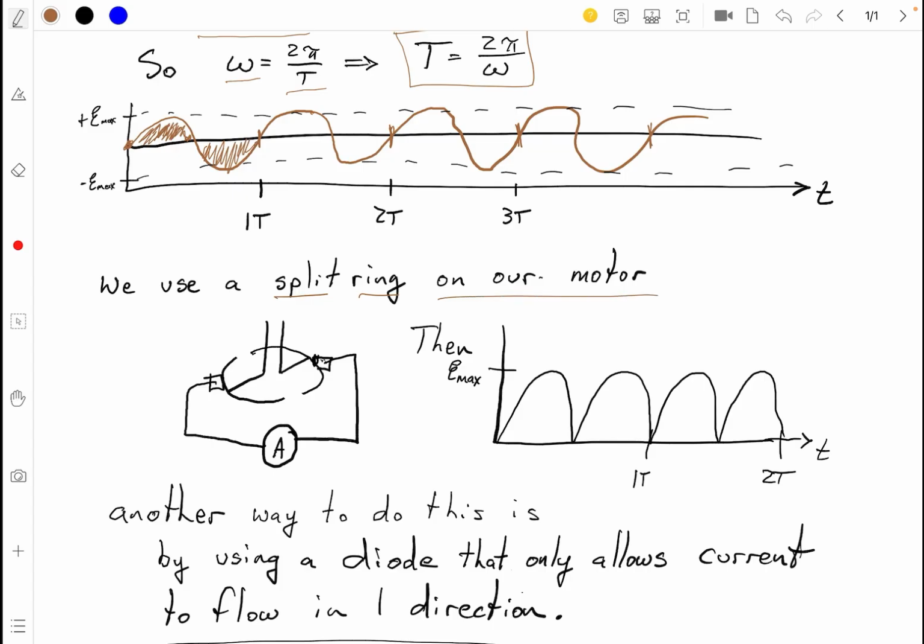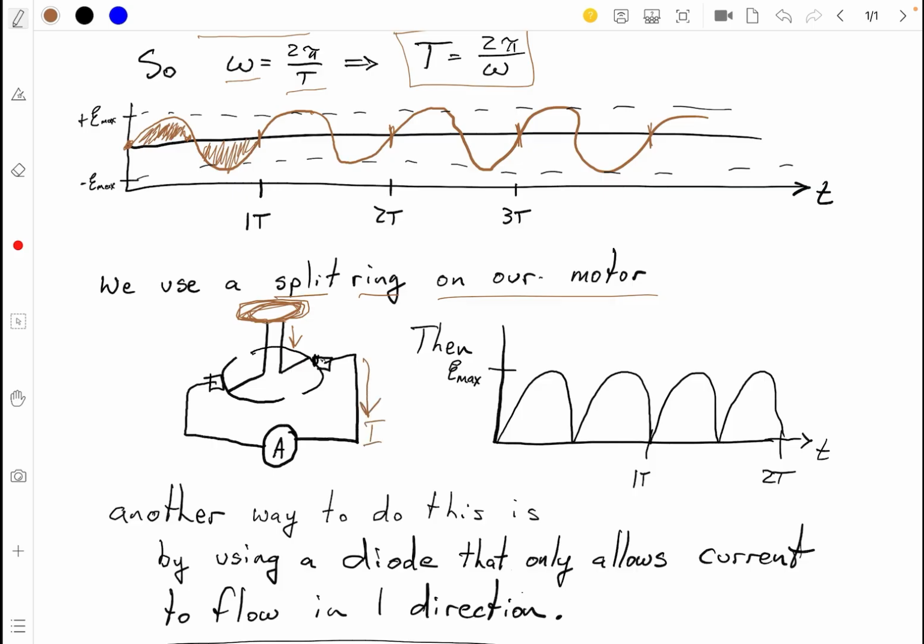And what that is, so here's our loop up here. We're going to have some loop going up through a magnetic field, and then it spits out some current. Let's say our current comes down on this side, and once the current is coming down on that side, it can send the current here.